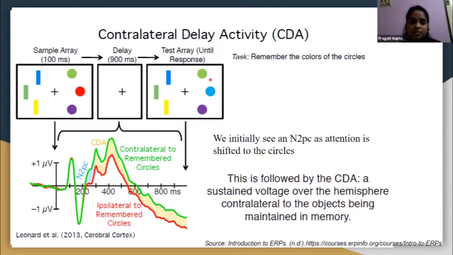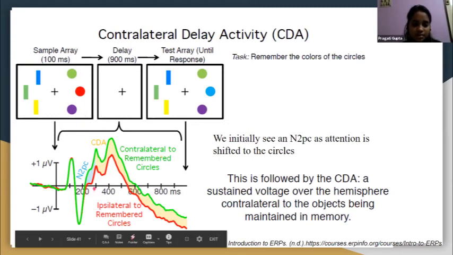But for these bars, their color is similar. This doesn't change. And we see similar activity contralaterally for the working memory task.